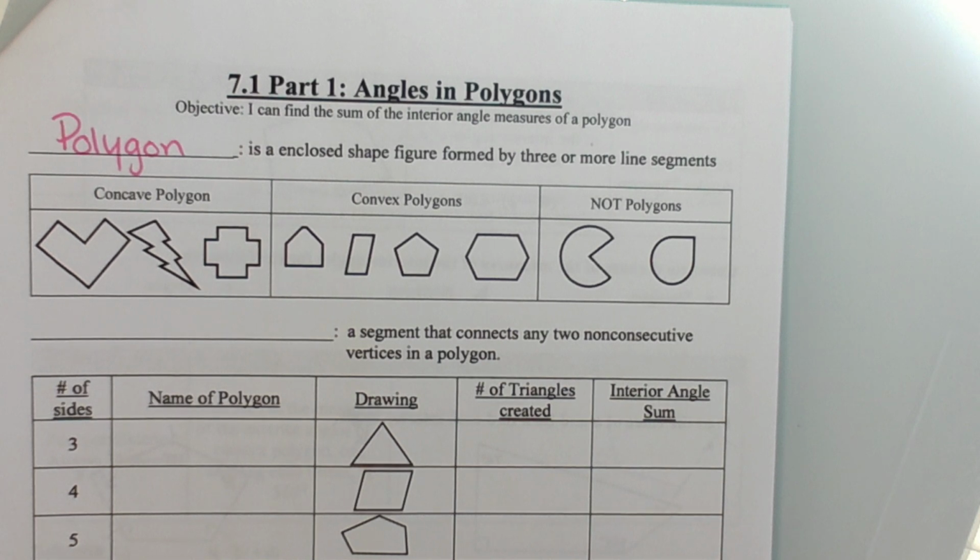A polygon is a shape that is enclosed by 3 or more line segments. Triangles are polygons, squares are polygons, rectangles are polygons. The key thing is that these sides are straight and it is enclosed.